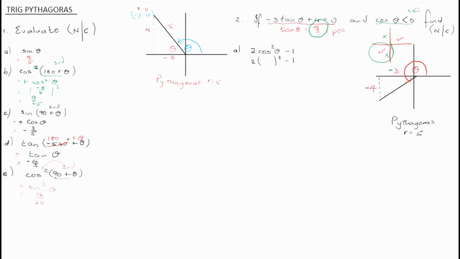Now cos is going to be minus 3 on positive 5. Once you have done that, it's going to be 2 times 9 on 25 minus 1, which gives you negative 7 on 25.